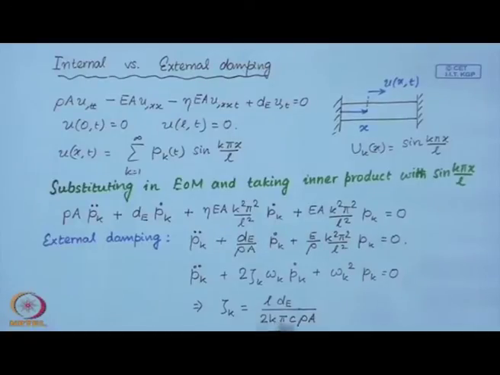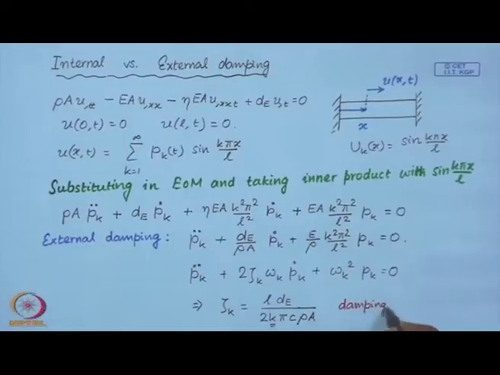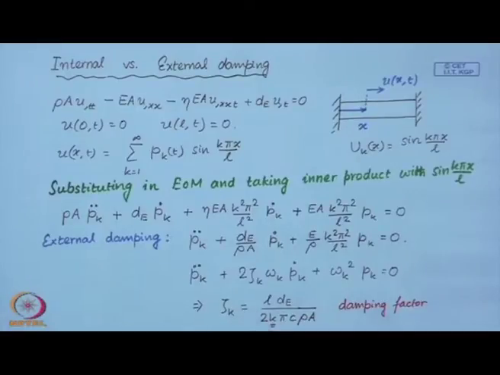So, you see that this k appears in the denominator of this damping factor. So, which means that for high values of k, this damping factor actually is very low, which tells us that external damping is inefficient in damping out higher modes.